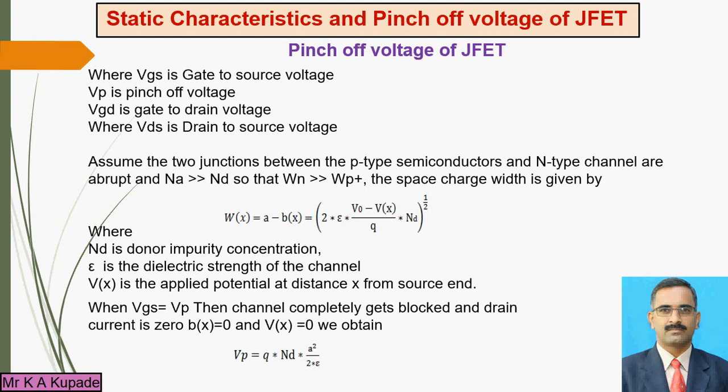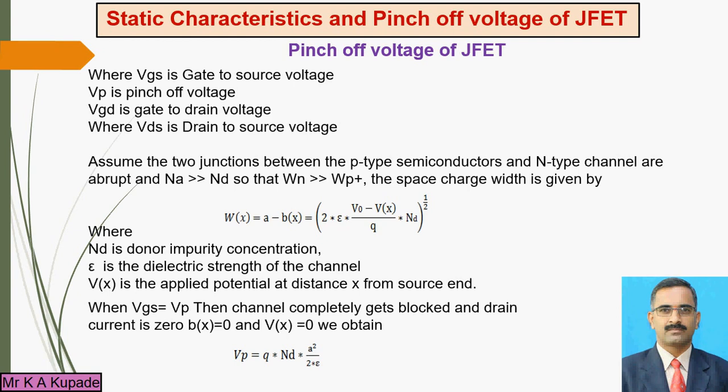Before ending today's video lecture, I will recap once again about the static characteristics. As I already discussed the operation, due to these static characteristics we mainly get some important regions: the ohmic region, pinch off region, saturation region and breakdown region.